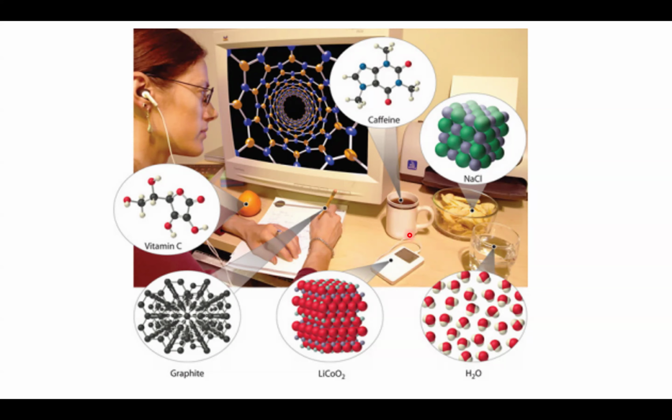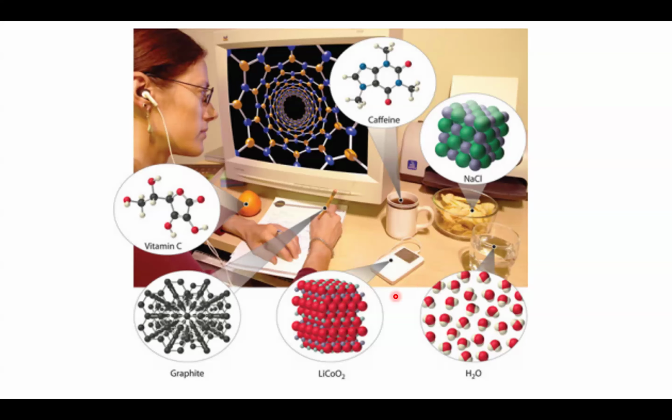Inside the coffee cup you have coffee, and coffee contains caffeine. Here you have chips, and chips contain salt. Salt is sodium chloride, NaCl. You also have a glass of water. Water is H2O, dihydrogen oxide.